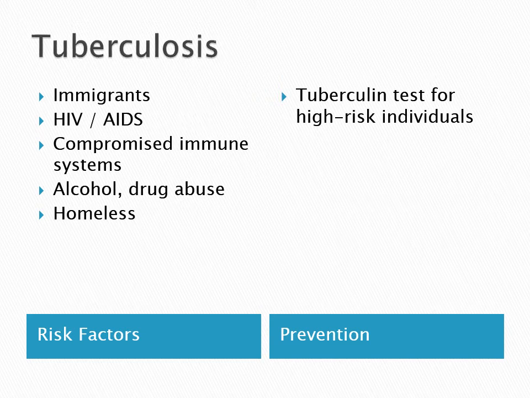Tuberculosis is a chronic recurrent infection caused by the organism Mycobacterium tuberculosis. What ends up happening is this organism is transmitted by droplet nuclei, and it will enter into the lungs, and through an inflammatory process, it actually can become sealed off.